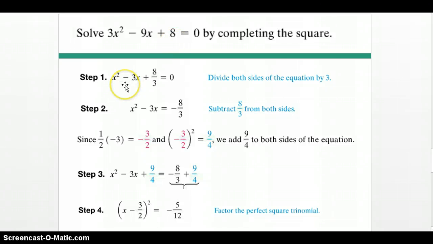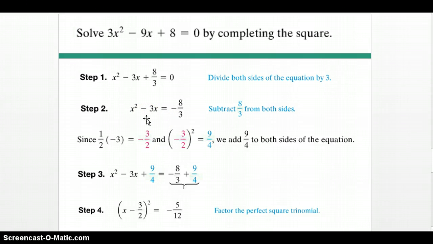We will get x squared minus 3x plus 8 over 3 equals 0. Subtract 8 over 3 from both sides of the equation. We will get x squared minus 3x equals negative 8 over 3.